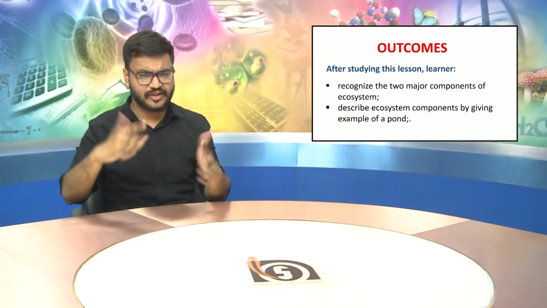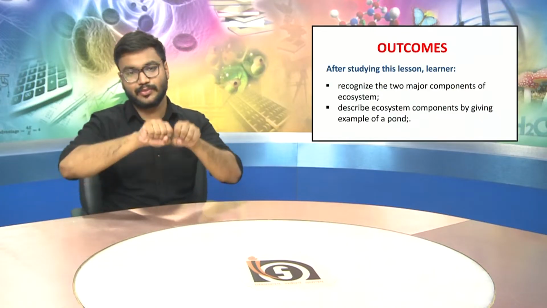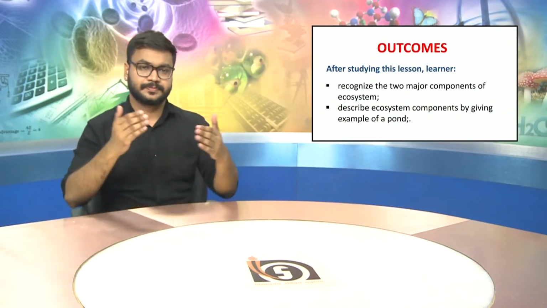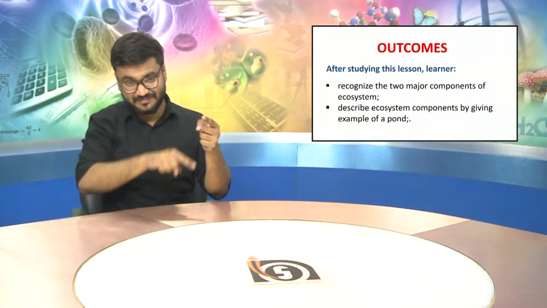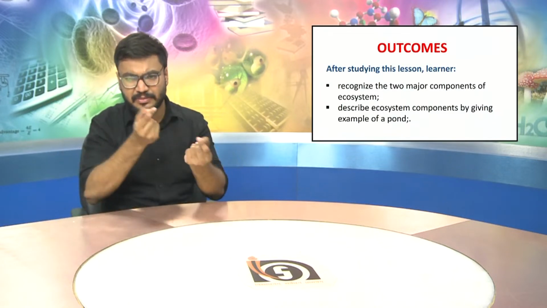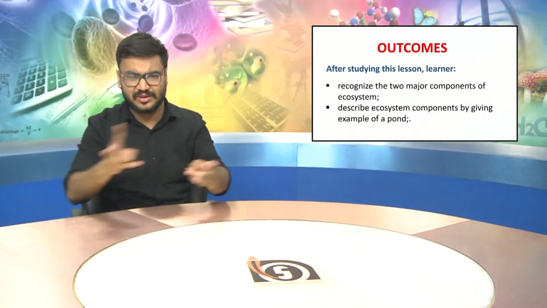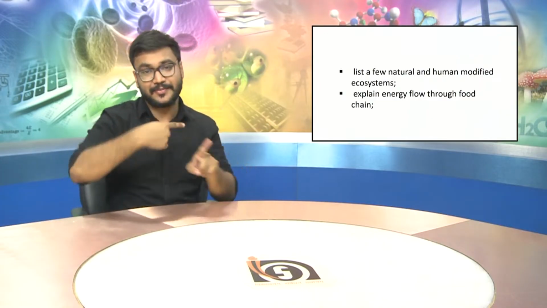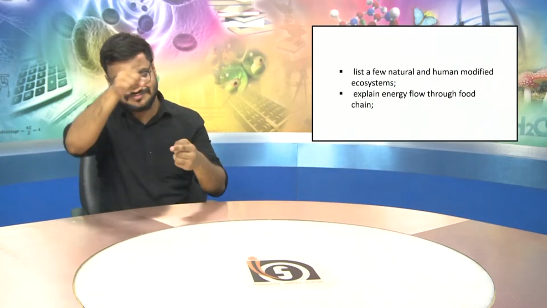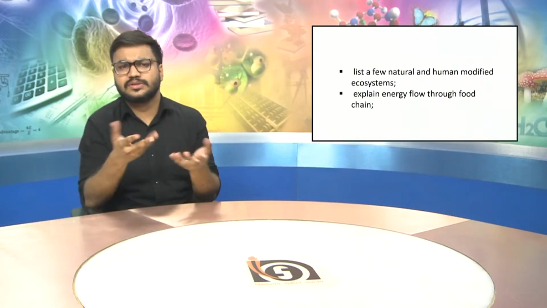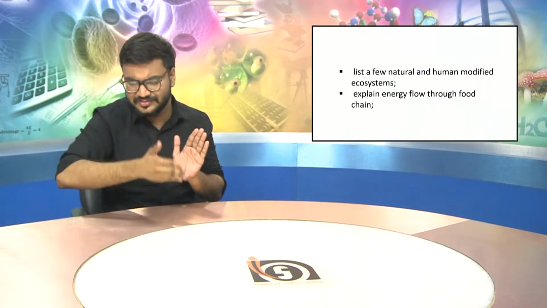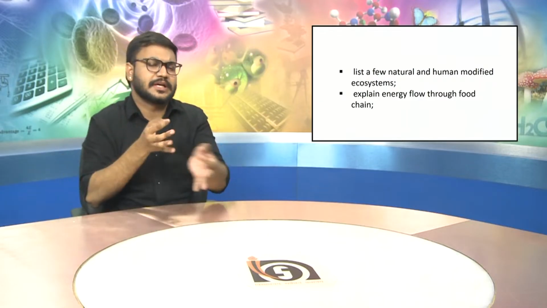After studying this part, the learner will be able to recognize the two major components of an ecosystem, and can also describe ecosystem components by giving the example of a pond, and can list a few natural and human modified ecosystems, and can explain energy flow through a food chain.